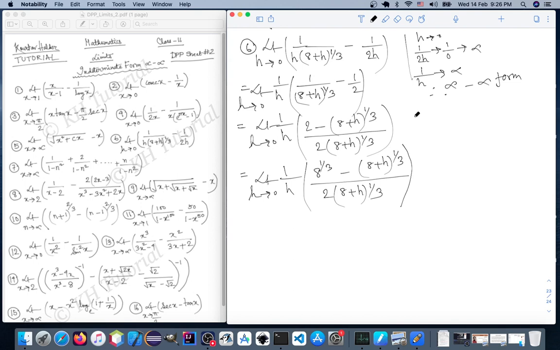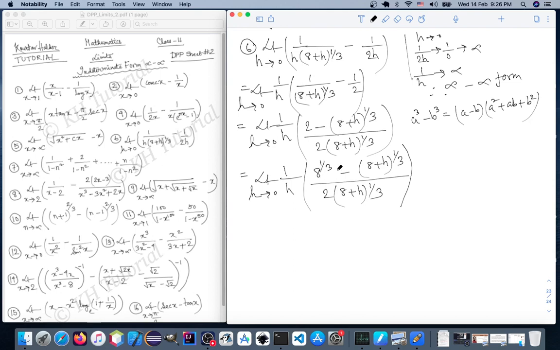We know the formula a cube minus b cube equals a minus b into a square plus ab plus b square.